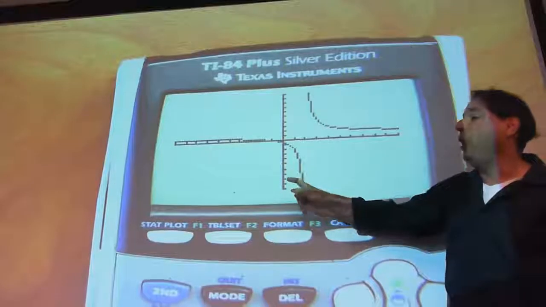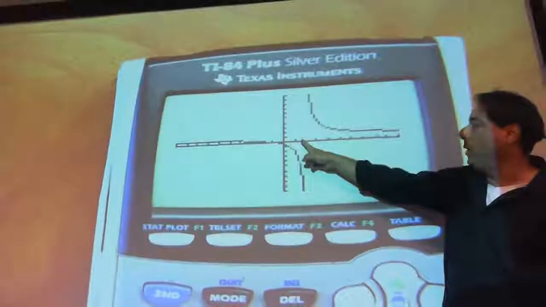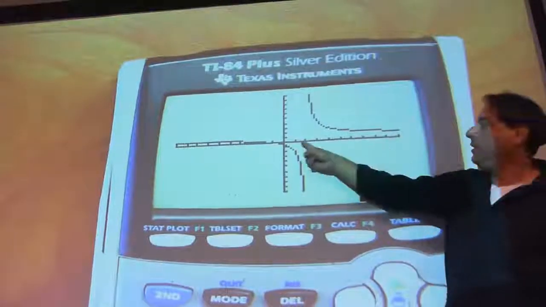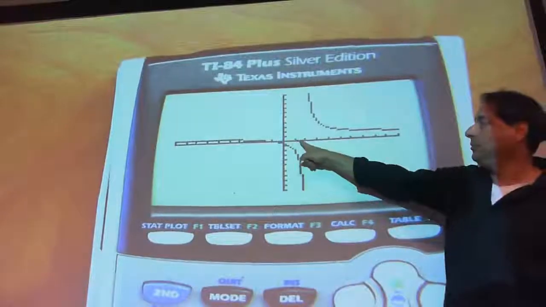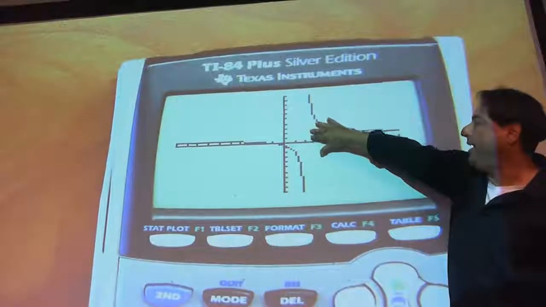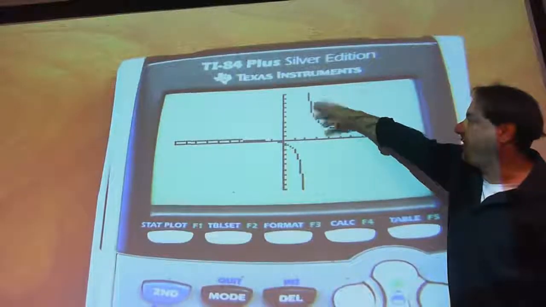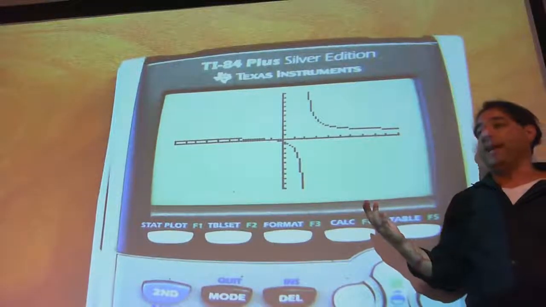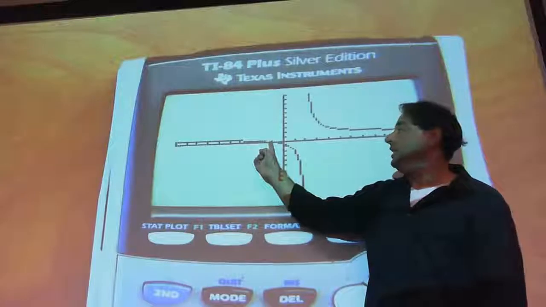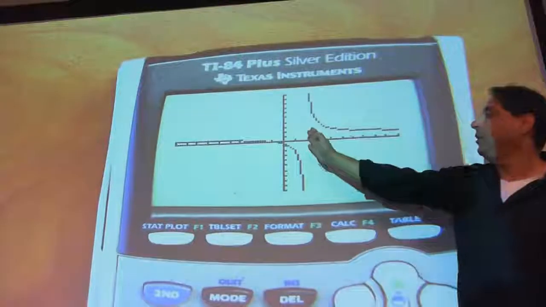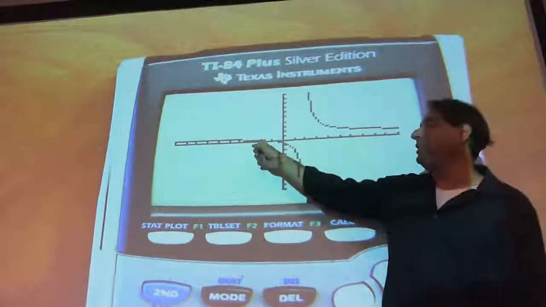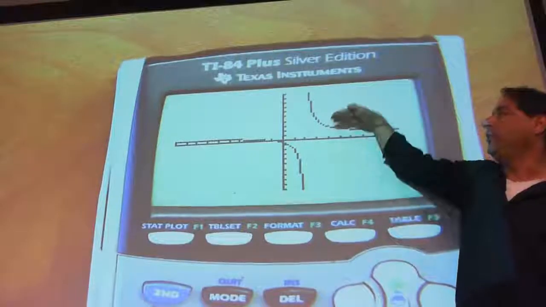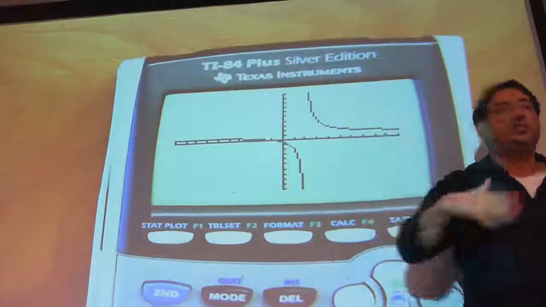The graph is also above 0 where? Anything after 2. So anything after 2, the graph is above 0. So I already know the answer just by looking at it. If it's less than or equal to -1, or greater than 2, the graph's above 0. So I can answer this graphically.